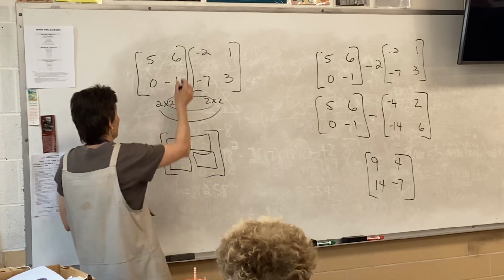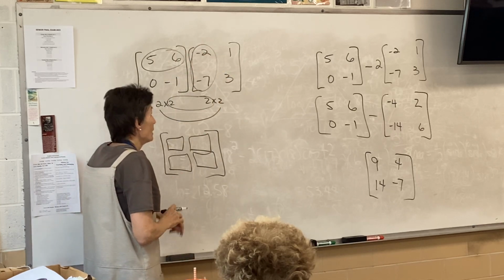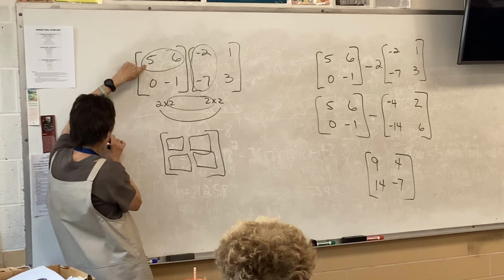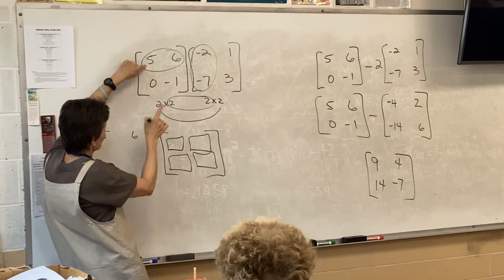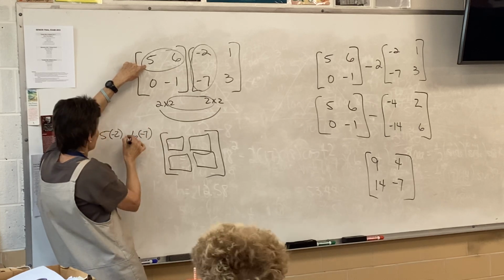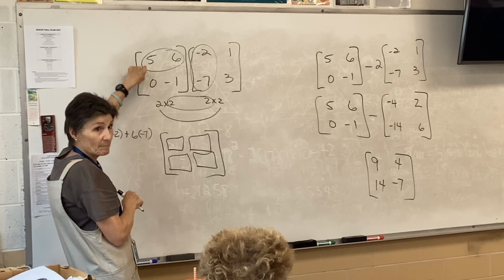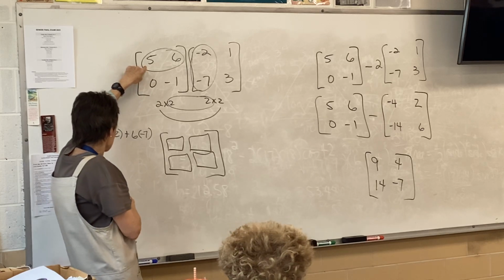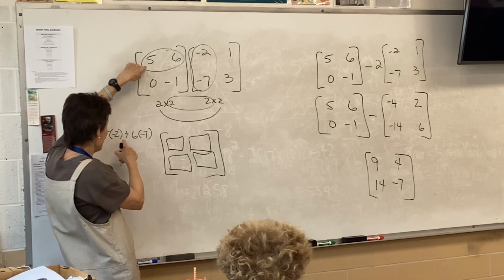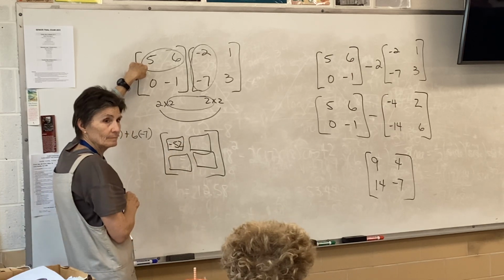Well, we need to multiply the first row times the first column. So the first row is 5, 6. The first column is -2, -7. So I multiply each pair and add them together. So that's -10 and -42. -52 right here.